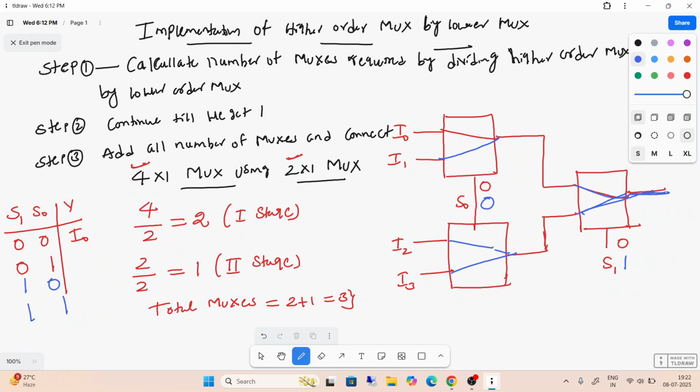So like this we need to implement a higher order MUX by using lower order MUX. Is it fine? Yes, sir. No doubt.